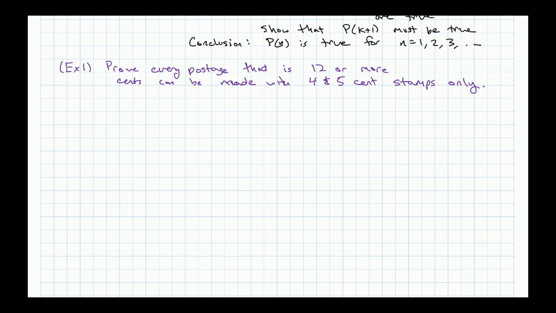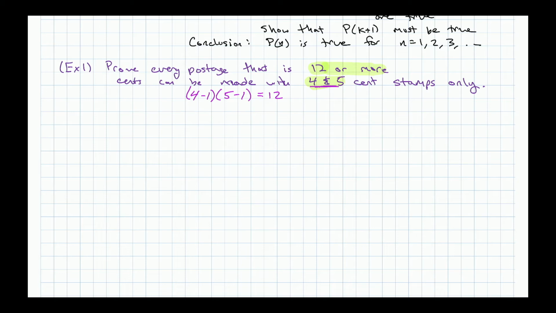Now, just a note before we start the proof, regarding this 12 or more in comparison to the 4 and 5 cents. Remember that the reason it's 12 is because if you take 4 minus 1 times 5 minus 1 for the 4 and the 5 cent stamps, that is equal to 12.